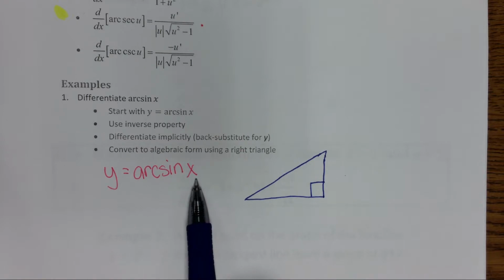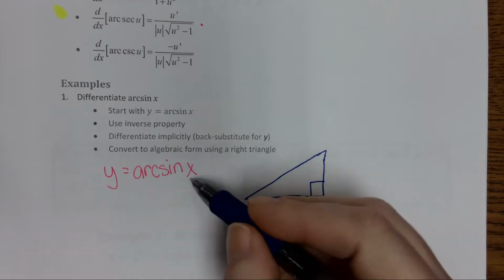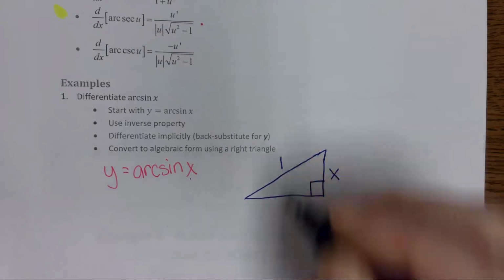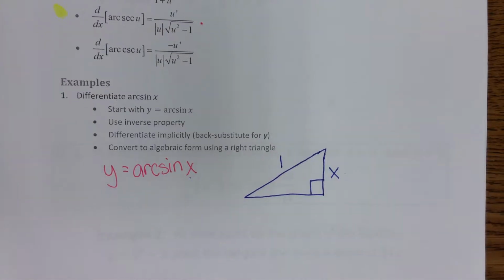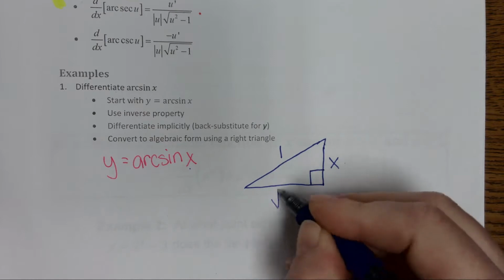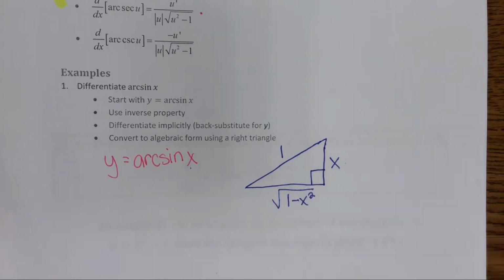What's the ratio of sine? Opposite over hypotenuse. So I'm going to make x go opposite, 1 go hypotenuse. What's my expression for this piece then? Good. Square root of 1 minus x squared.